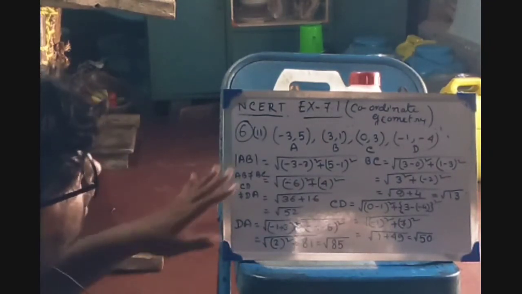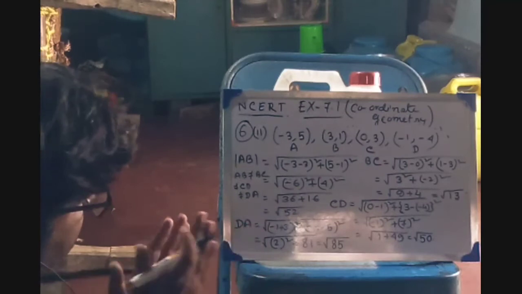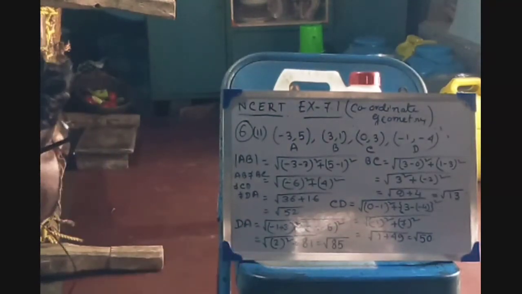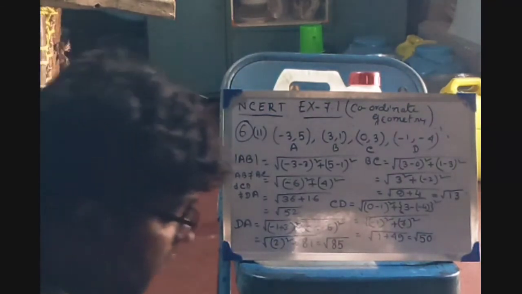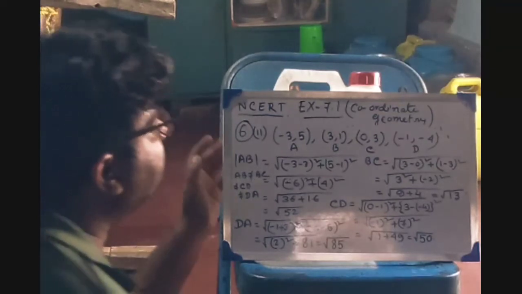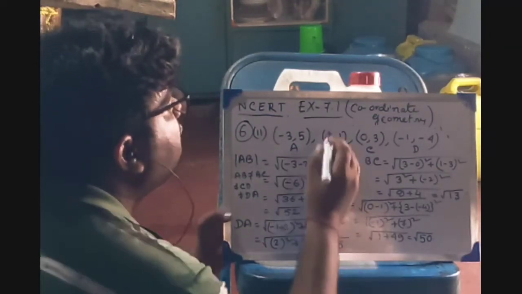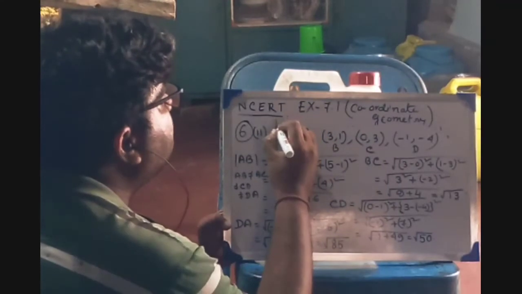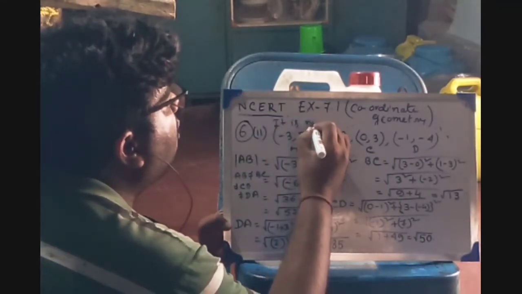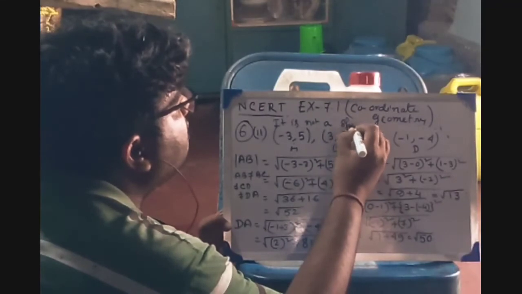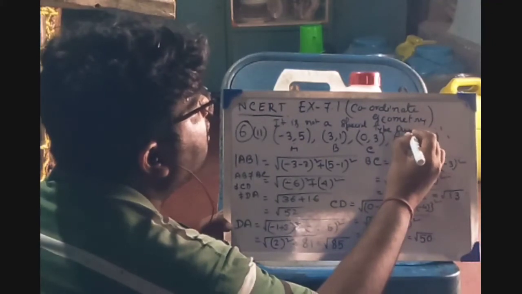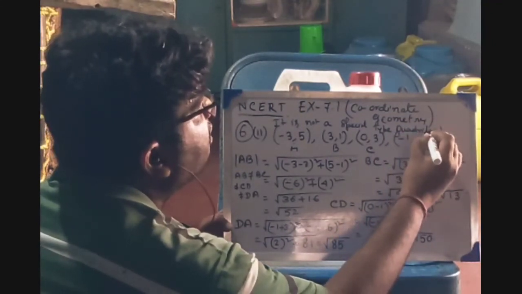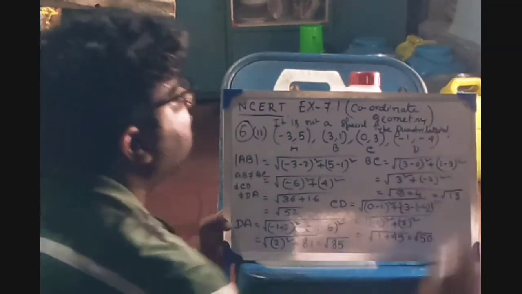We can see that the distances are not matching each other. So it is a quadrilateral, but it is not a special type of quadrilateral.